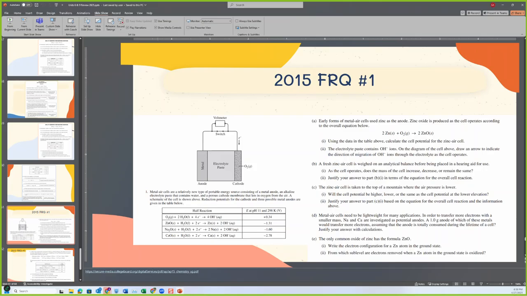This one was a bit confusing because it's talking about metal air cells, a portable energy source, alkaline electrode. But you could look at it just to get another perspective of how things are phrased.